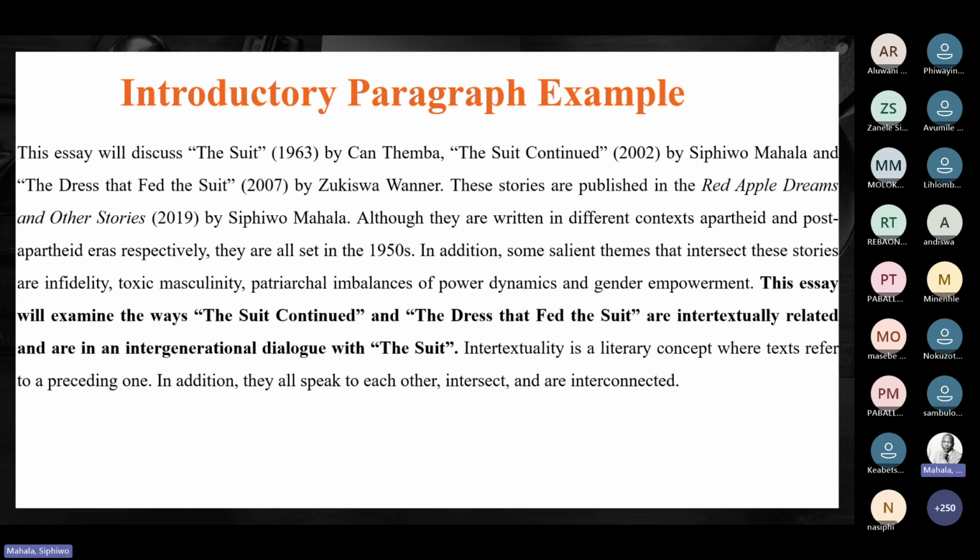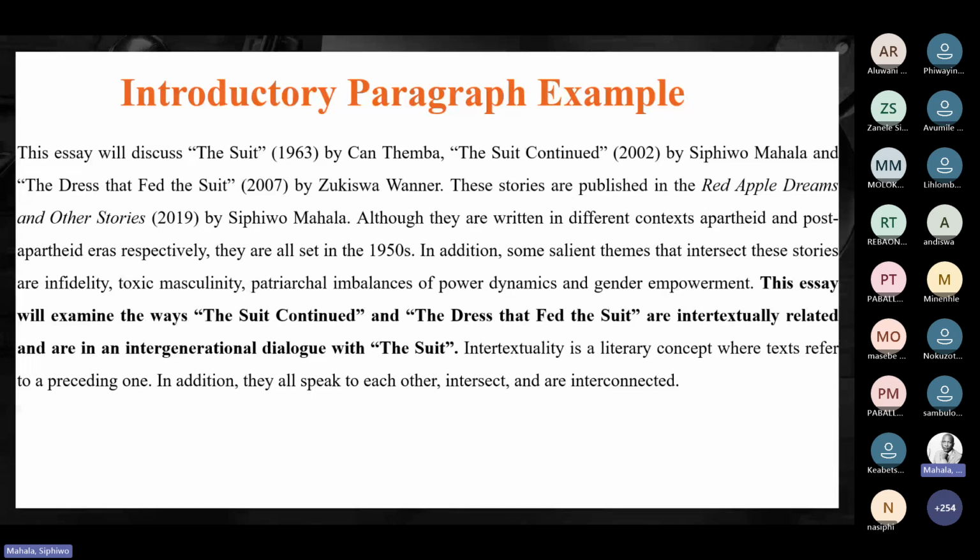These stories are published in The Red Apple Dreams and Other Stories by Scipio Mahala. Right. So it captures all the necessary elements that we need. Although they are written in different contexts, apartheid and post-apartheid eras respectively, they are all set in the 1950s. So in other words, she's giving context of the stories, that the stories are set in the 1950s.